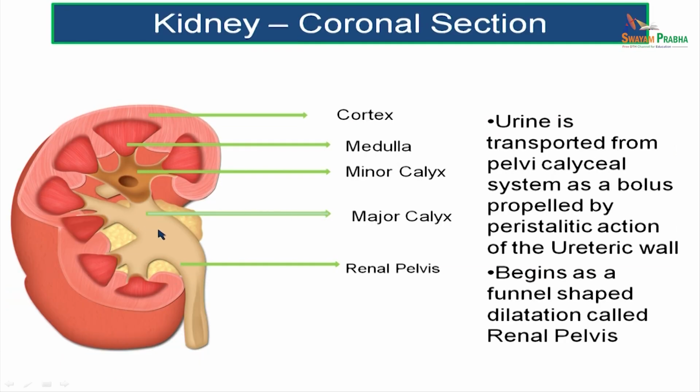Urine is transported from the pelvic calyceal system, what you are seeing here, by peristaltic action of the ureteric wall. Ureter begins as a funnel shaped dilatation called renal pelvis.